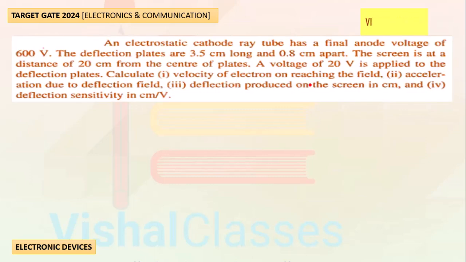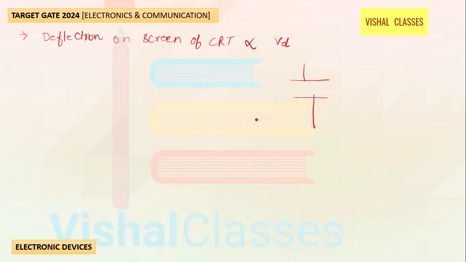CRT has two types of plates: vertical deflection plates and horizontal deflection plates.